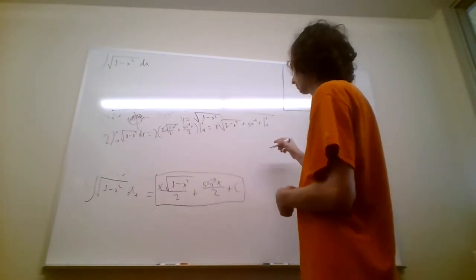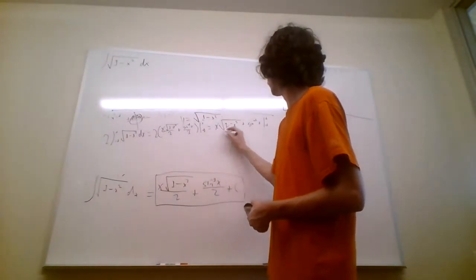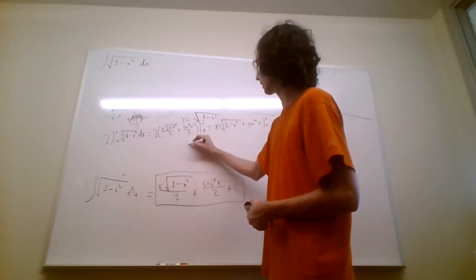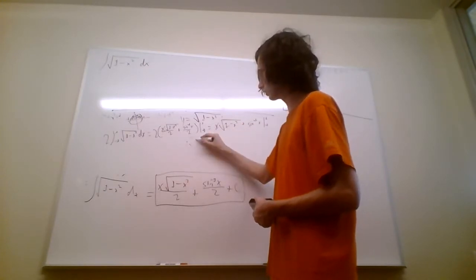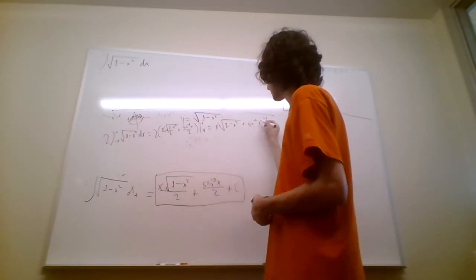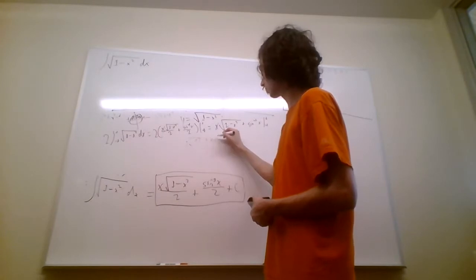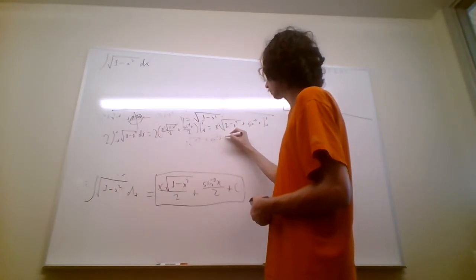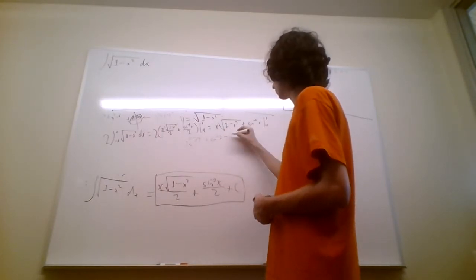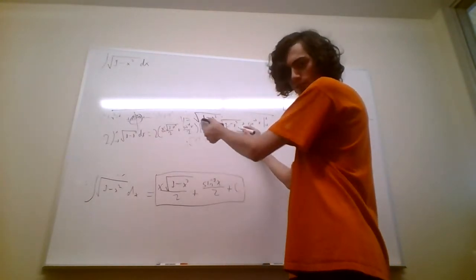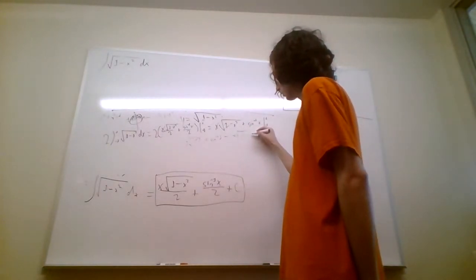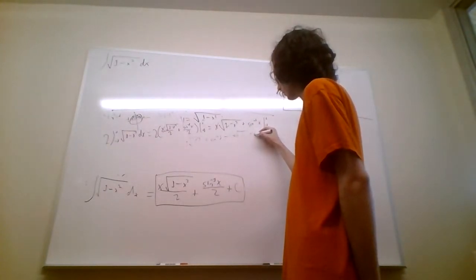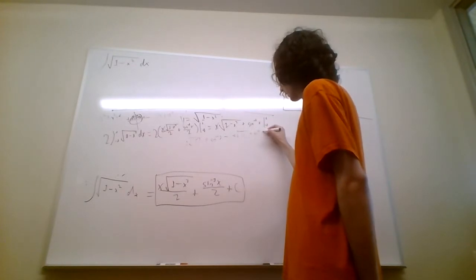So let's do that. It's going to be 1 times the square root of 1 minus 1 squared, which is 0, plus inverse sine of 1, minus -1 times the square root of 1 minus -1 squared, which is 1 minus 1, which is 0, times 0, plus inverse sine of -1.